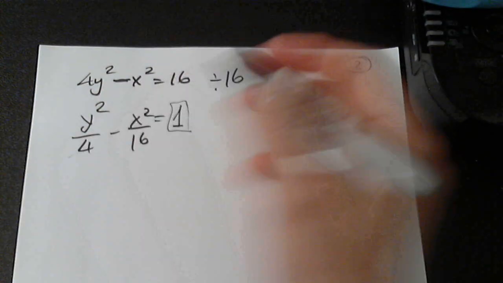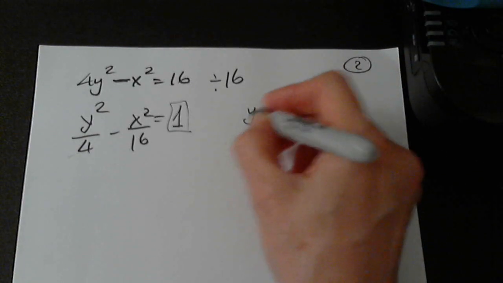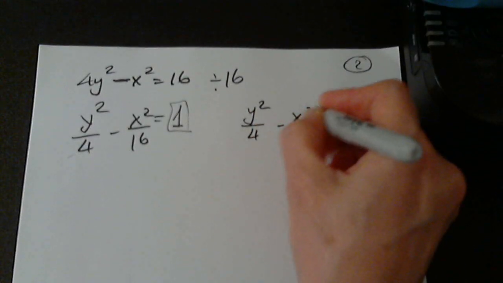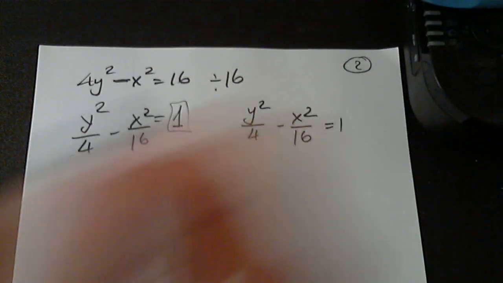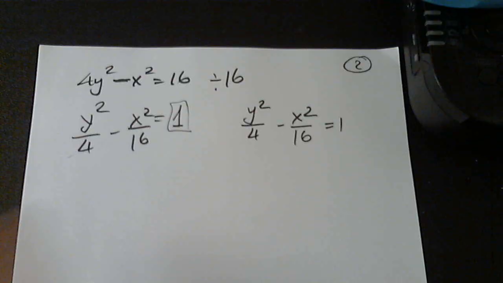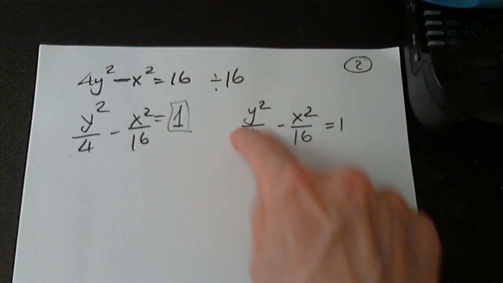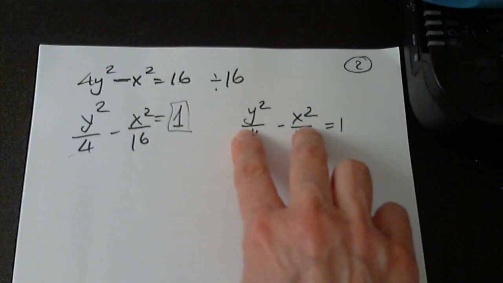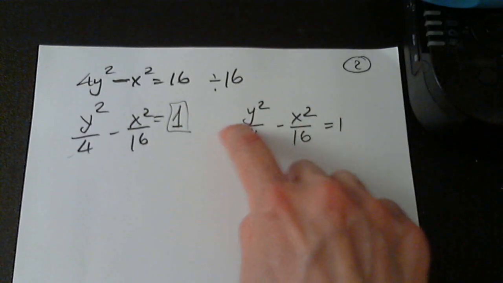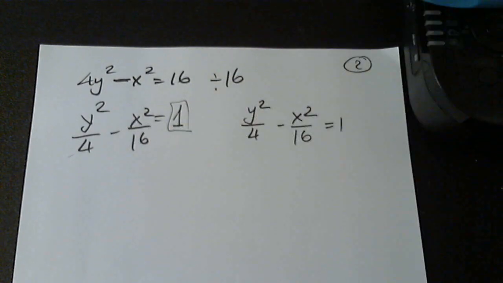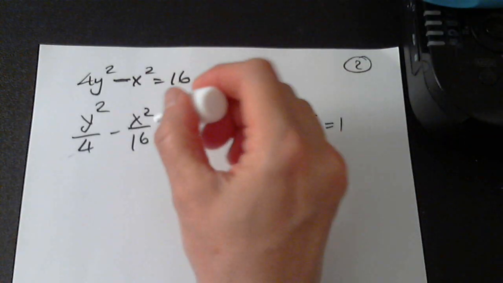I'm going to write it again because it's not in line. I always like to keep the fractions, the negative sign and the equal symbol all in the same line, and I put the equal symbol before I wrote the right-hand side.